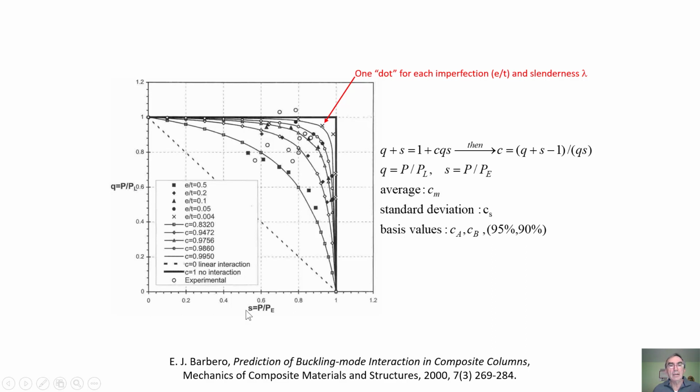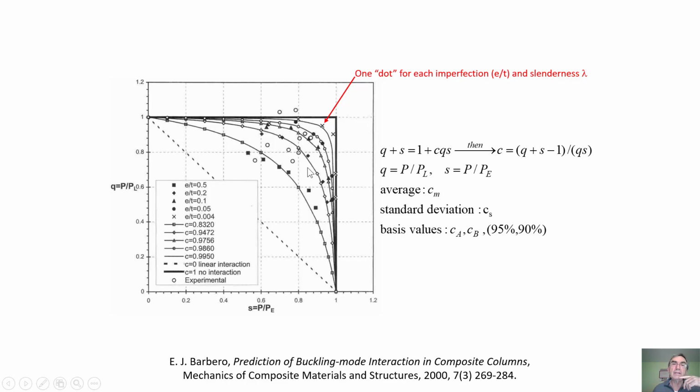And S is the actual load again, divided by PE, which is the Euler buckling load, which we can calculate with a formula from any book. And we plot all the data. In this case, this data is experimental. We have one dot in this plot for each imperfection, E over T, and each slenderness lambda.